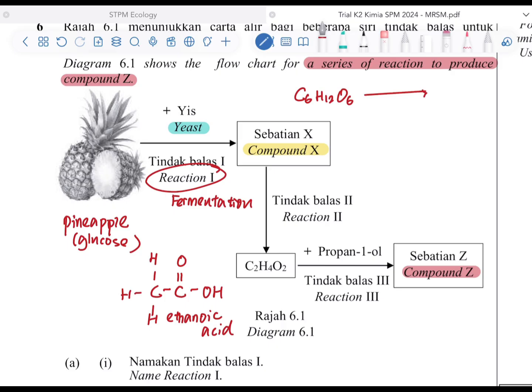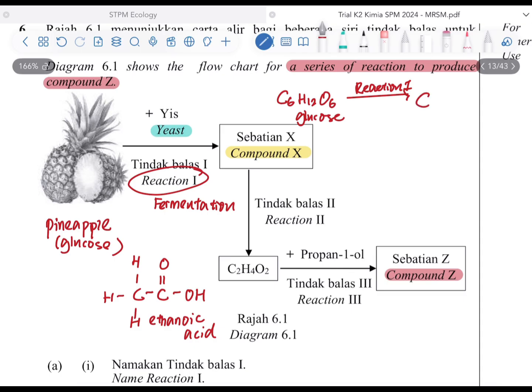This is the chemical formula for glucose, and then this is the fermentation reaction 1. After it gets fermented, it will form the ethanol, which is C2H5OH, right, with the carbon dioxide, because it is a fermentation process.